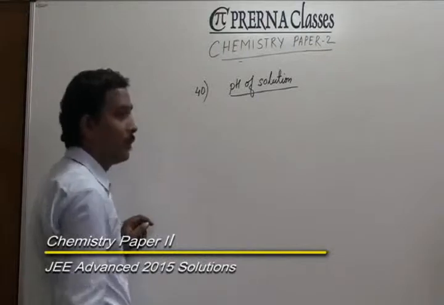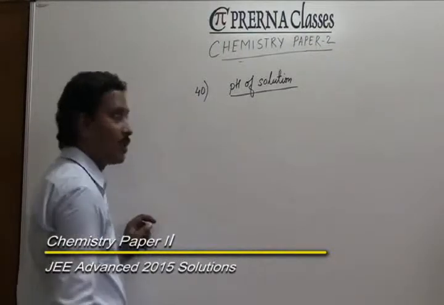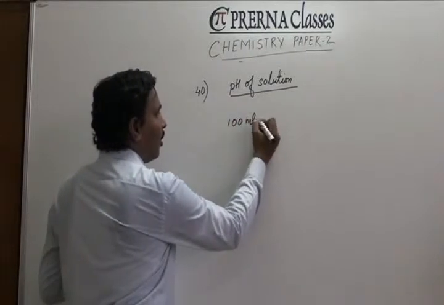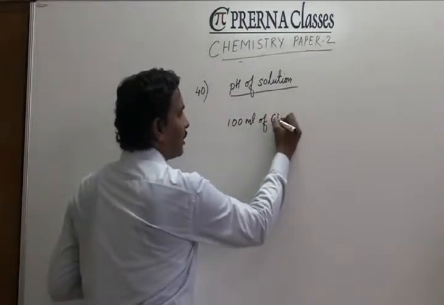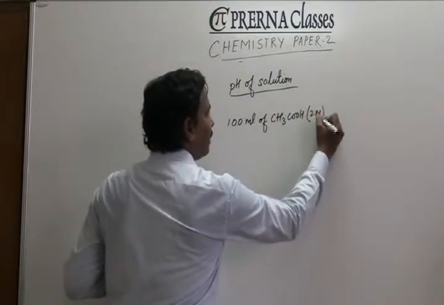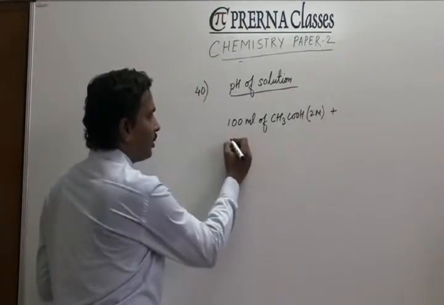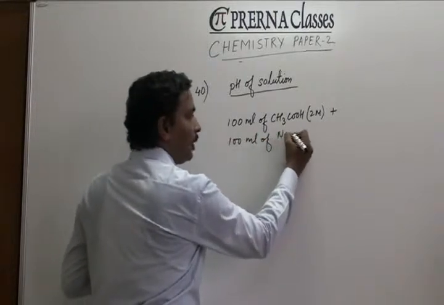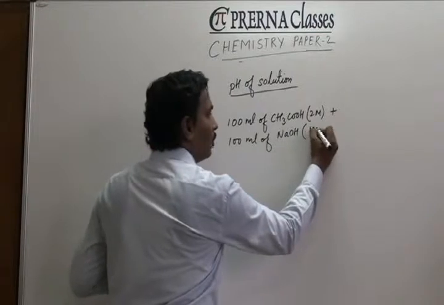In question number 40, we have to find the pH of the solution, and it is 100 ml of acetic acid of 2 molarity reacting with 100 ml of NaOH of 1 molarity.